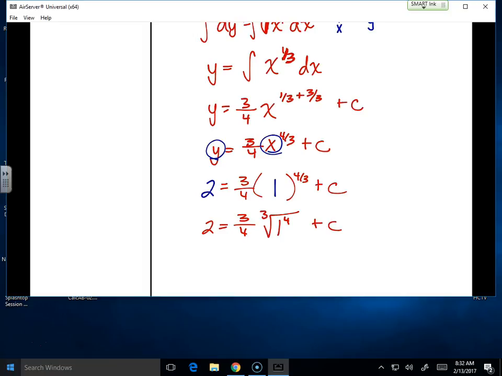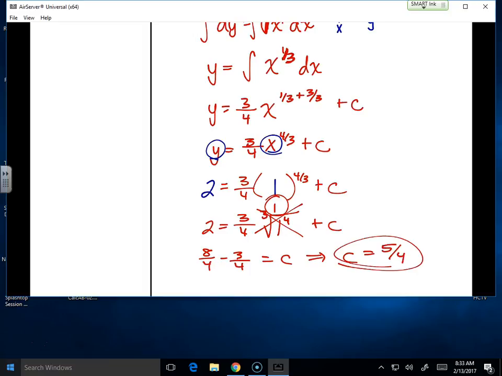Just to make sure if it was something like 8, hopefully it wouldn't be 8. 16, that would be nice, to be able to solve it a little bit better. But 1 to any power is still 1. So you can go ahead and cross all of that out. We just have a 1 left. 3/4 times 1 is 3/4. 2 in 4ths is 8/4, right? So we can subtract the 3/4 to the other side. That gets us our c. So c is equal to.